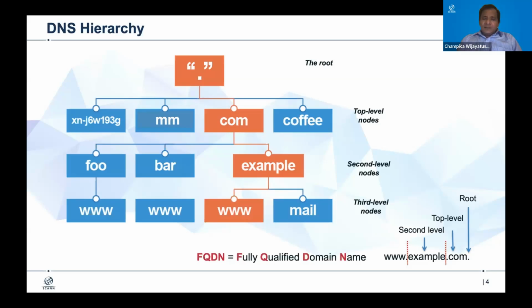For Myanmar, this was delegated a long time ago. It is MM. So MM is a country code top-level domain delegated to Myanmar by the root. MM has a space. MM is managed by the country code top-level domain operator for Myanmar, and there is a space.